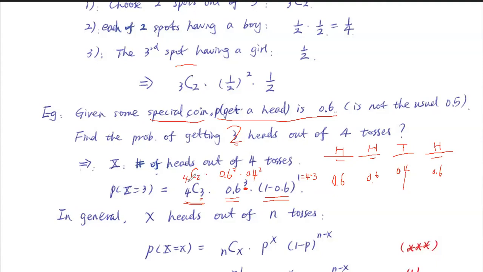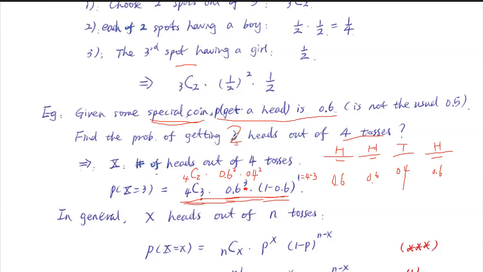Why isn't it 0.6 for the tails? Because if there's 2 coins and there's 2 tails, 2 heads? Or is it because it's a special coin that there's 3 heads, 1 tail? It's a special coin, and we are asking, if you toss this special coin 4 times, what's the probability to get 3 heads? That's the first question in the beginning, and that's the answer. Now, I changed the question a little bit.